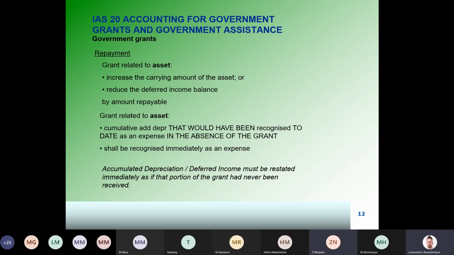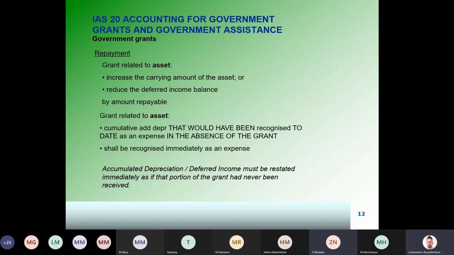And because we reduced depreciation, we must add the additional depreciation that would have been there if we did not have this grant previously. So when you have repaid it, the cost of the asset should be the amount before the grant was deducted, and the accumulated depreciation should be exactly what it would have been if there was no grant previously. That is where we deducted it from the cost of the asset. So it is just knowing which method you used.